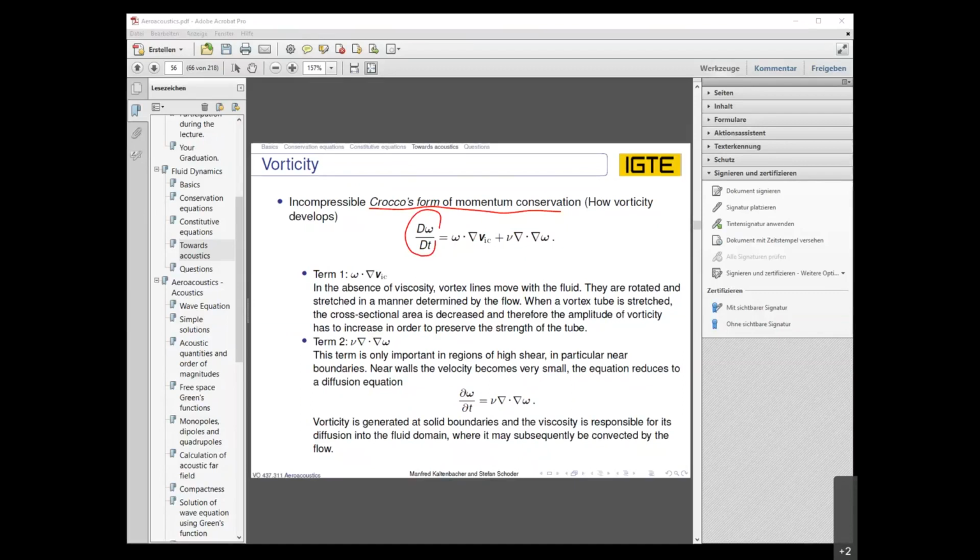The first term is, I just read out the definitions there because it's more or less being precise on that. In the absence of viscosity, the first term is this.